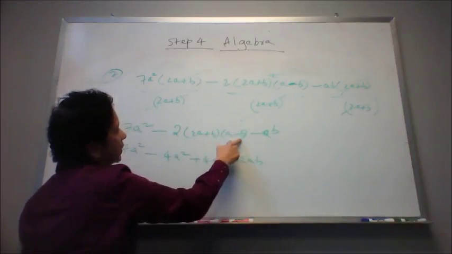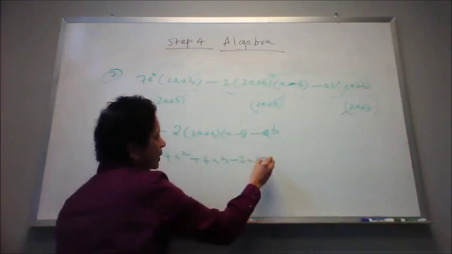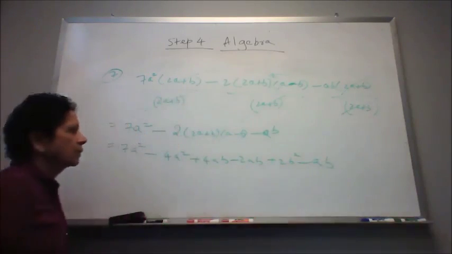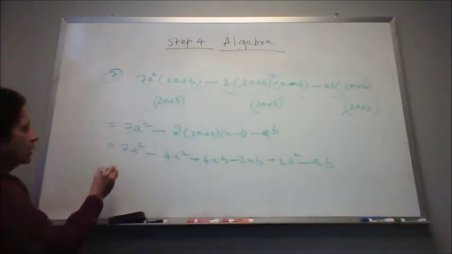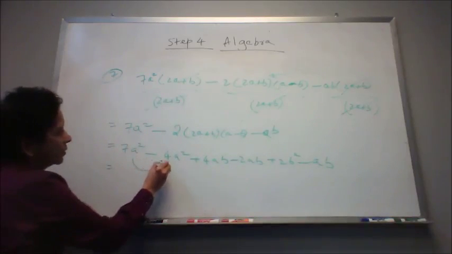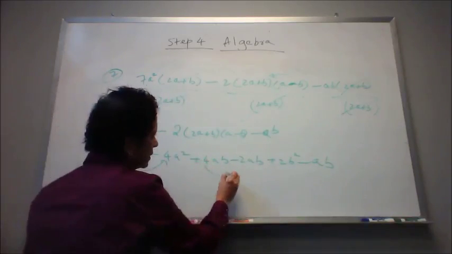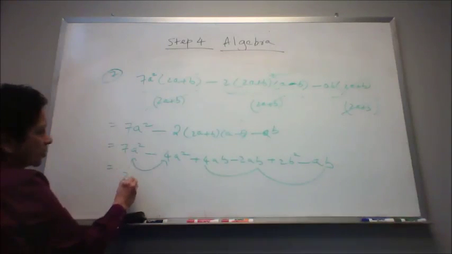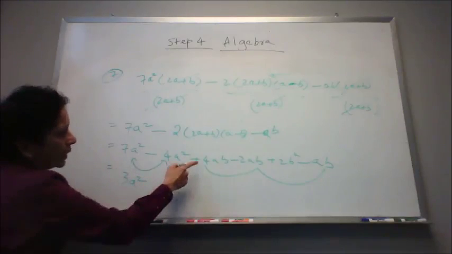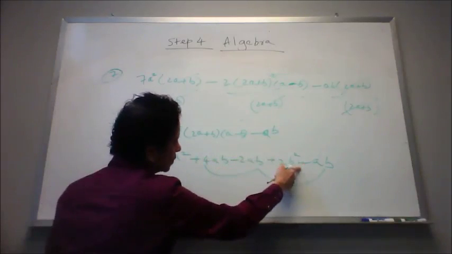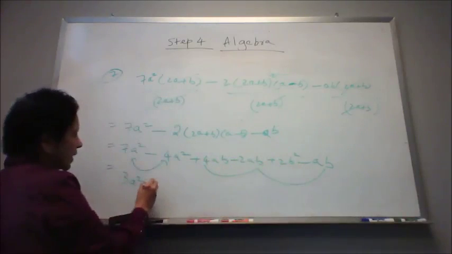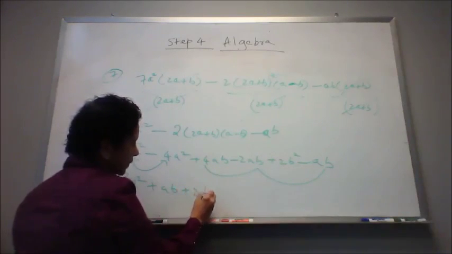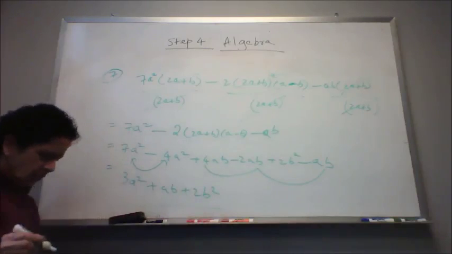And then b times b squared, so plus 2b squared, and then minus ab. So then you need to group the like terms together. When you do this, you get 3a squared, and then ab: plus 4 minus 2 minus 1, so that's ab. Then you've got 2b squared. So that'll be the answer.